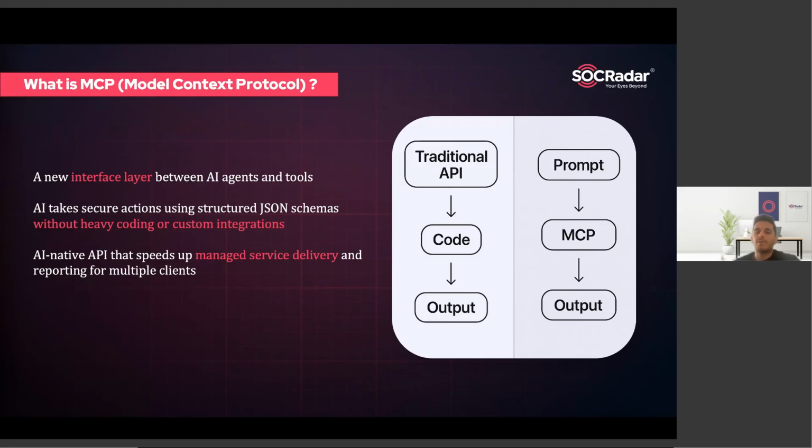The AI is going to handle everything. That's going to reduce cost, reduce time, and generate more effective reports in seconds, which we are going to see with the real life scenarios. So instead of hiring a developer to build an integration, you just talk to the AI, and MCP is going to make sure that the right tool does the right thing for you.